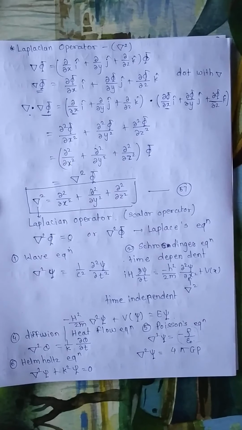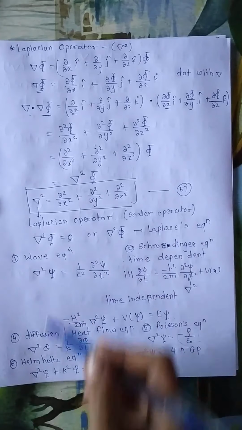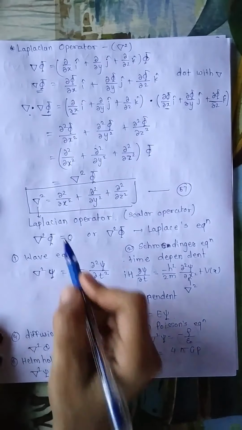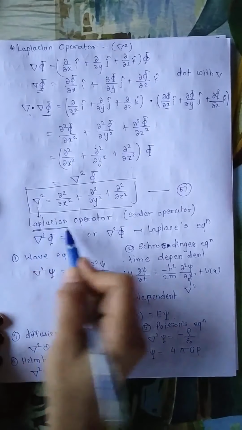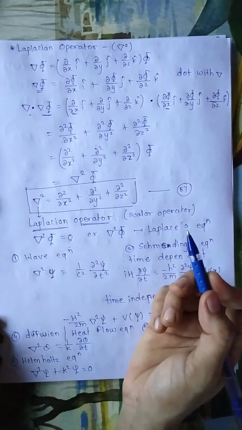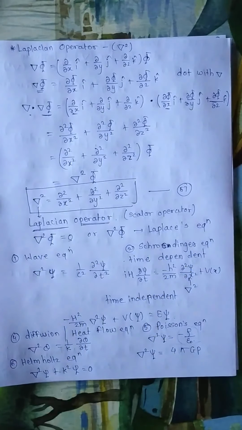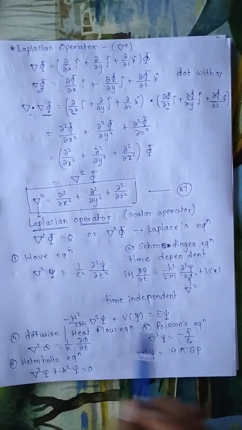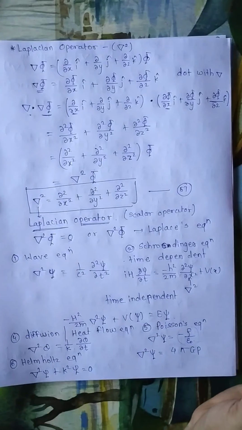These are the various examples, 6 examples. I have just mentioned these examples to tell you what the Laplacian operator and Laplace equation are. Don't worry, in detail all these equations you are going to study in your TYBSc physics.